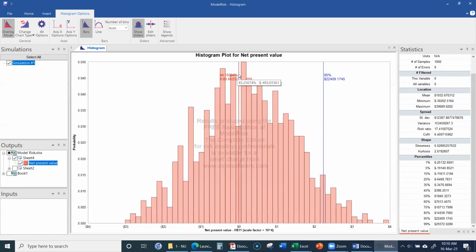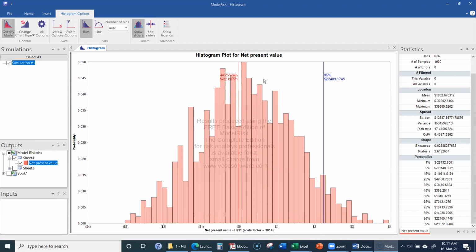And if I move it something like here, it is at about 44%, and it is minus $32. So it is almost equal to zero. Zero value is shown over here.